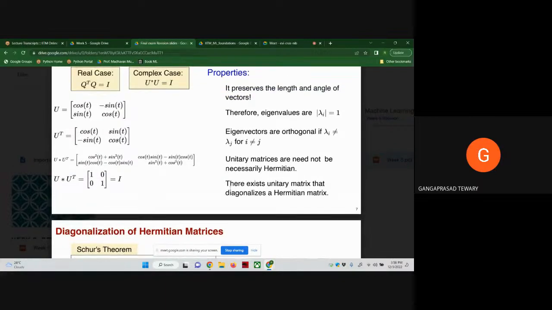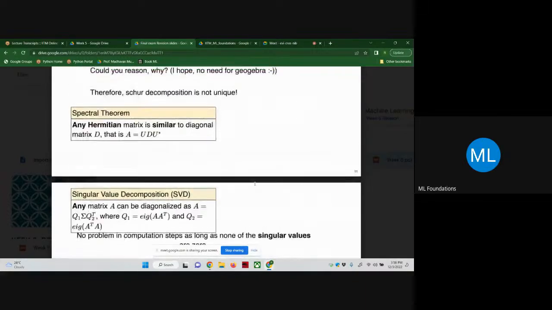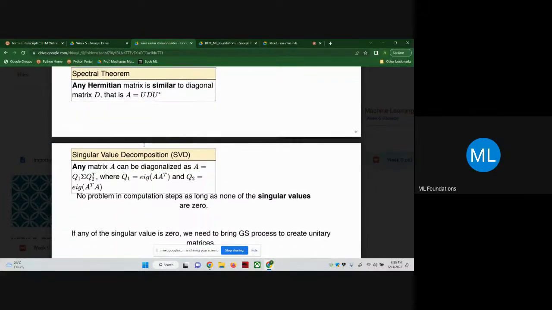The fifth property is related to that only: there exists a unitary matrix that diagonalizes a Hermitian matrix. This is related to the spectral theorem. For any Hermitian matrix, there exists a unitary matrix that diagonalizes it, and you use that particular one. The singular value decomposition is a generalization of even Schur's theorem.